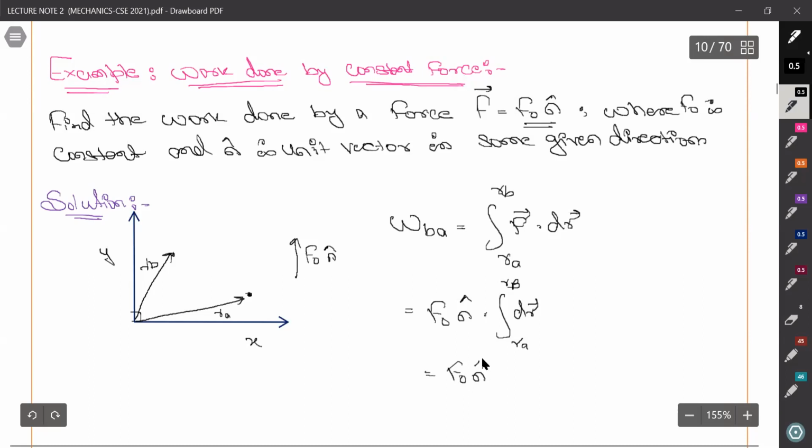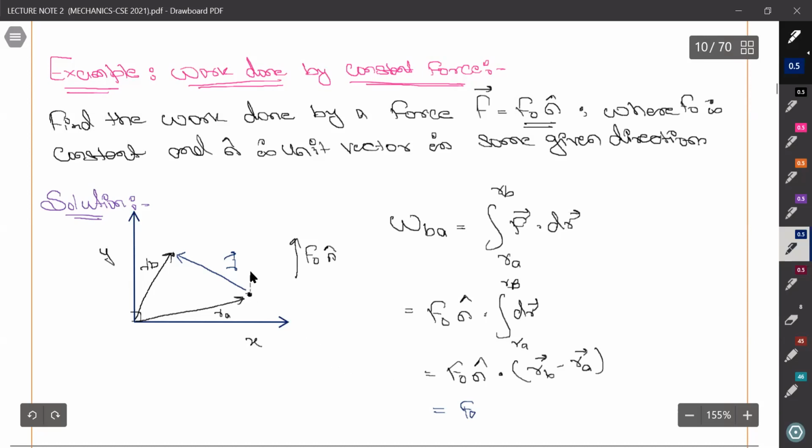So it will become F naught n cap dot Rb minus Ra. What is Rb minus Ra here? This is the R vector.